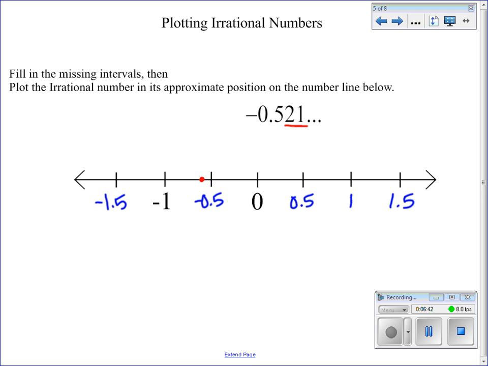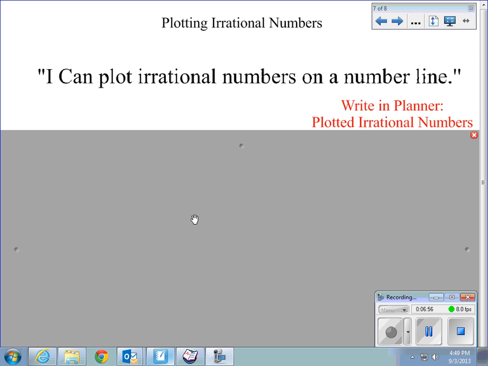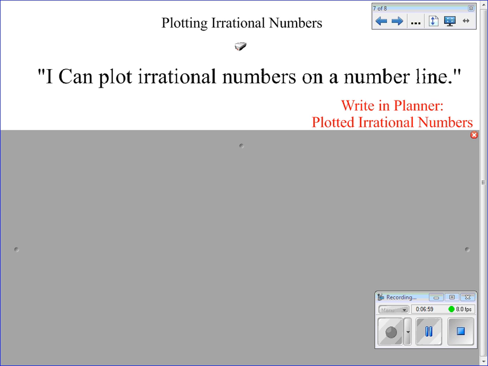So it's actually going to be here on the left side of -0.5. And we then label it. And we're finished. And that's how we plot irrational numbers on a number line.